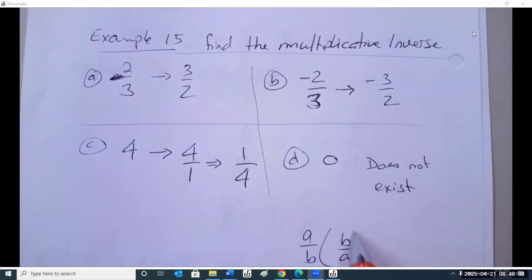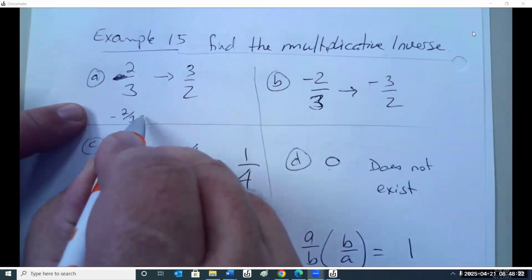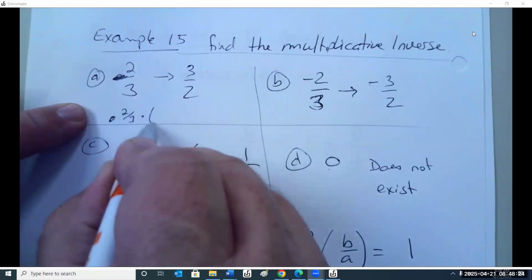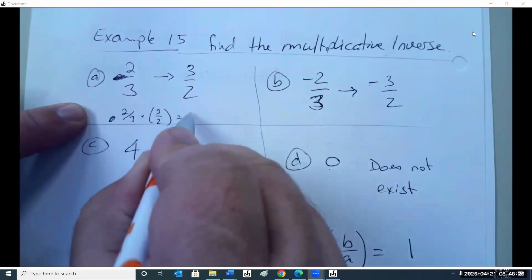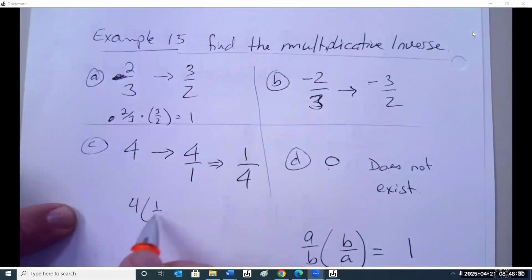If I multiply it to the original, it has to equal what? 1. And 0 doesn't have an inverse, so it doesn't exist. There's none. For each of these, 2/3 times 3/2 equals 1. 4 times 1/4 equals 1.